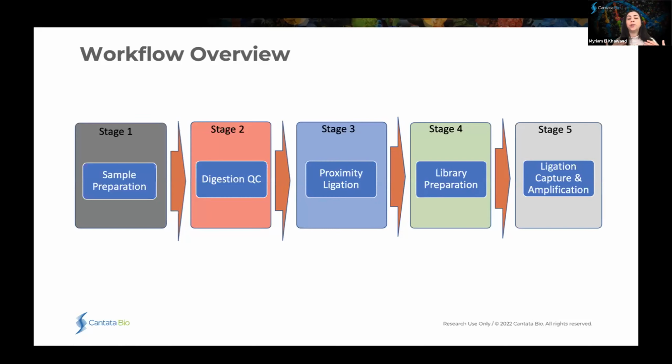And then you're going to set up a series of reactions to generate, at the end of stage 3, proximity ligated DNA. That's DNA that you're then going to convert into a sequencing library by completing the last 2 stages of the workflow, stage 4 and 5. So at the end of stage 5, you have a library that you can sequence on any Illumina sequencing platform.